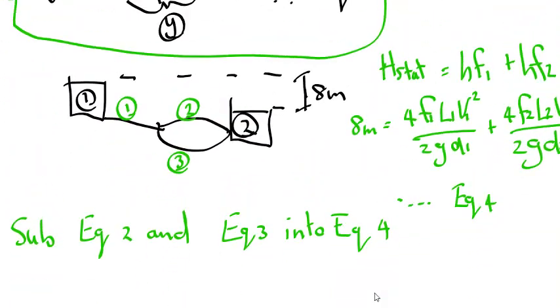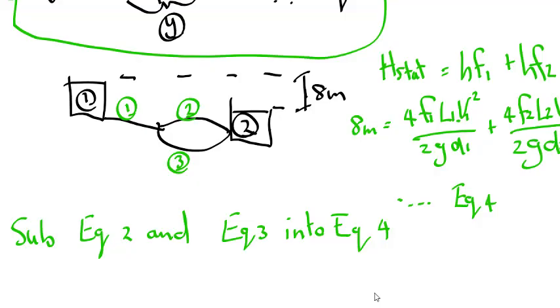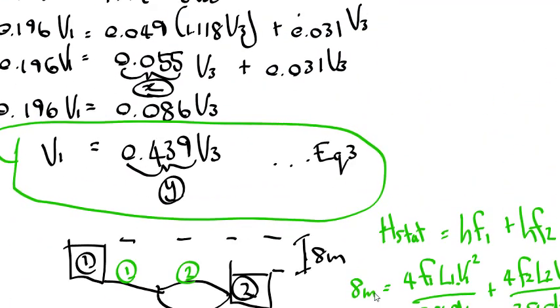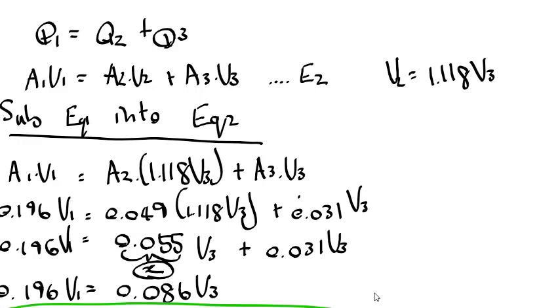So in equation 4, if we look at it, we have V1. Yes, that's the one that I didn't mark. This one is our equation 2 from the previous page.